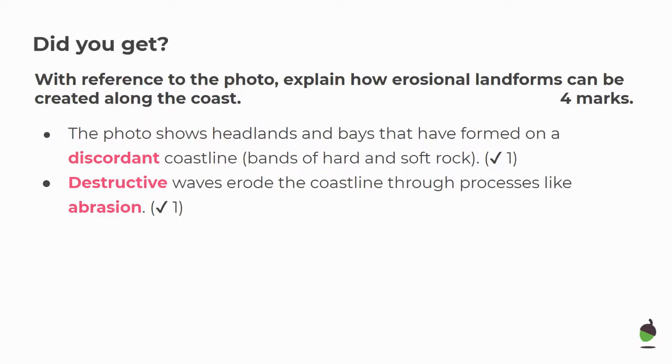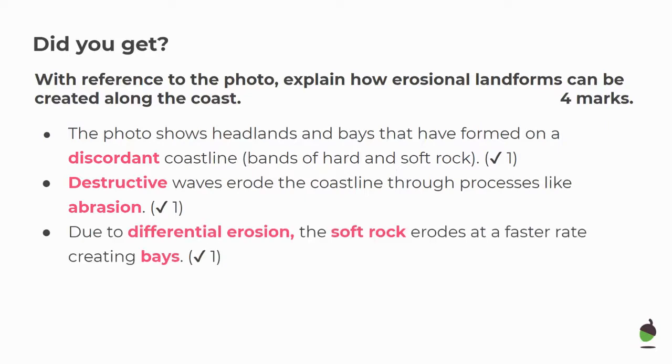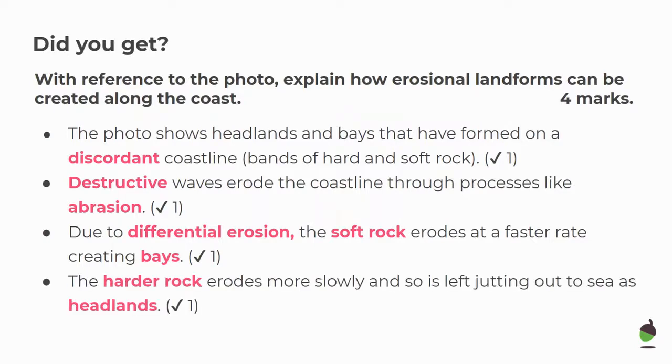You might have had hydraulic action too. Due to differential erosion, the soft rock erodes at a faster rate, creating bays. The harder rock erodes more slowly and so is left jutting out to sea as headlands. So go through, make sure you've got all those words in pink.